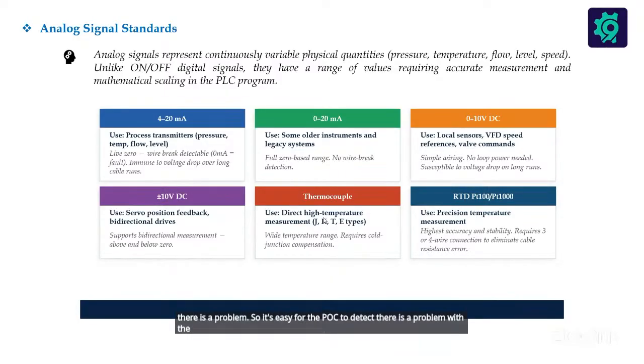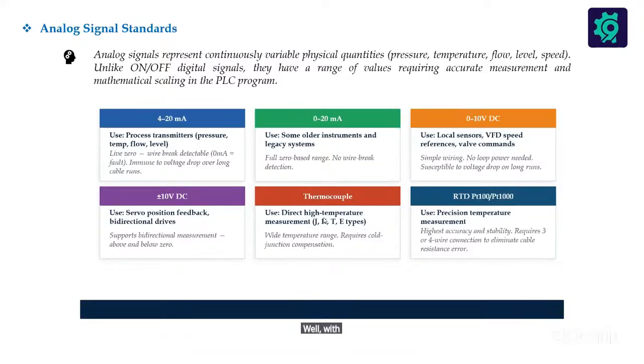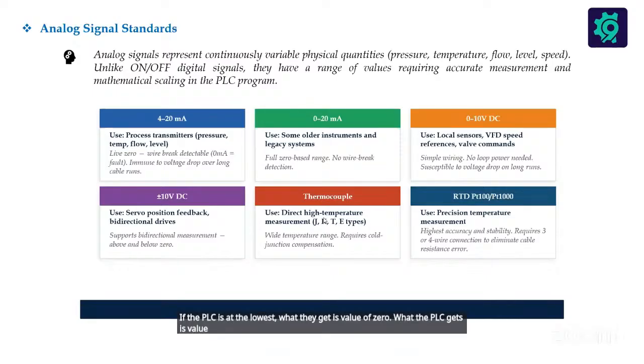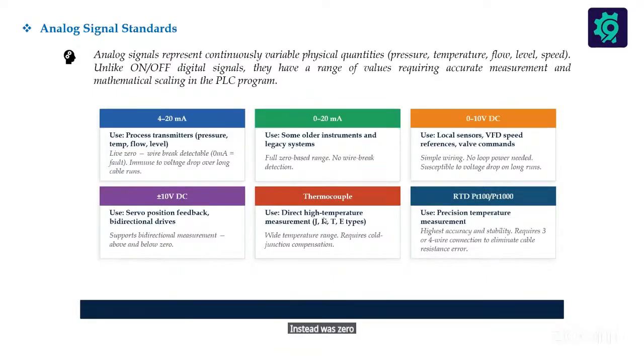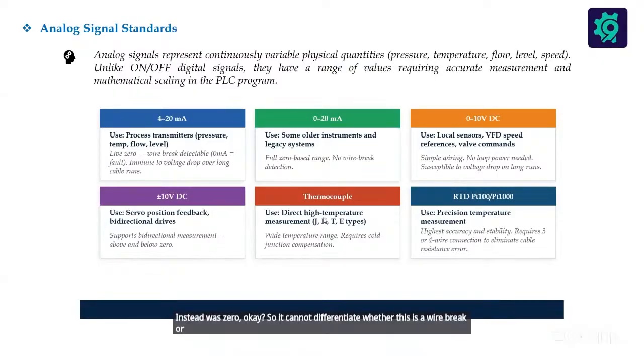So it's easy for the PLC to detect there is a problem with the 4 to 20 milliamp. But with the 0 to 20 milliamp and the 0 to 10 volt, at the lowest, what the PLC gets is a value of 0. If there is a wire break, it still gets 0. So it cannot differentiate whether this is a wire break or my variable is actually at its lowest.